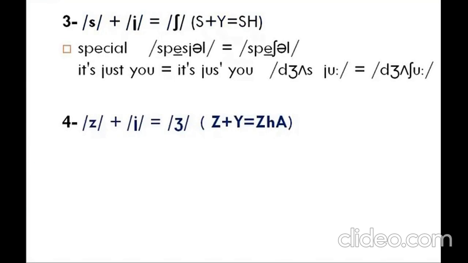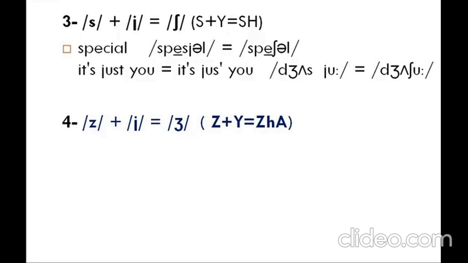Now here we find another case where the sound s coming in accompanied by the sound y, and suddenly we find that it also assimilates to give a new sound sh. So observe the word special, where the sound s is placed adjacently to the sound y, and it is not "spes-yal" anymore, it's "spe-shal". So they both combine to give us new sound sh, special.